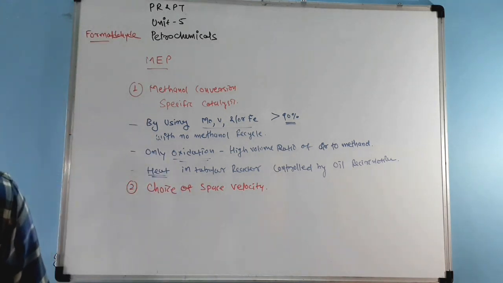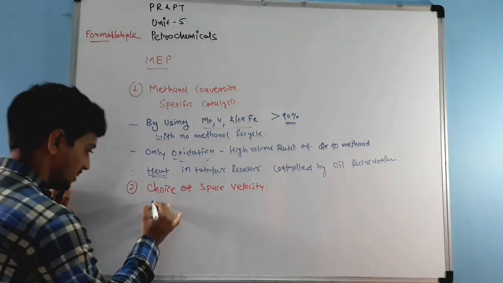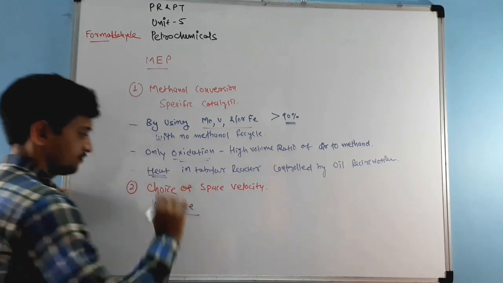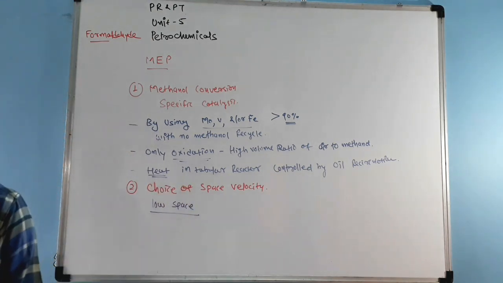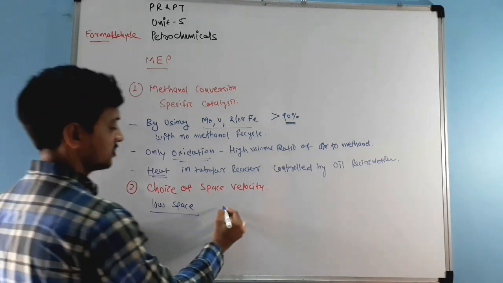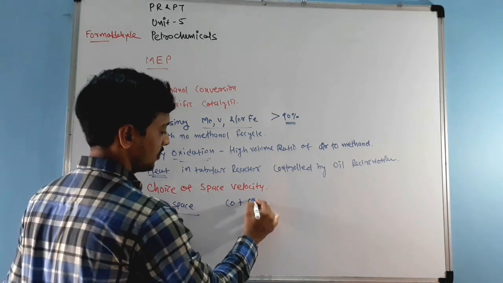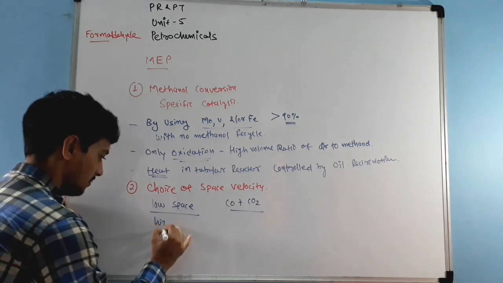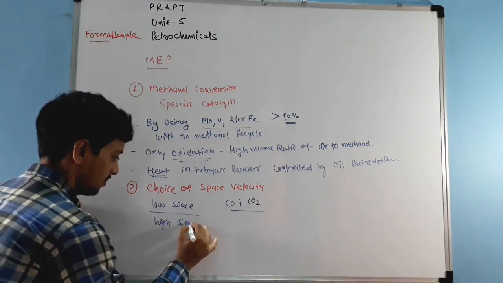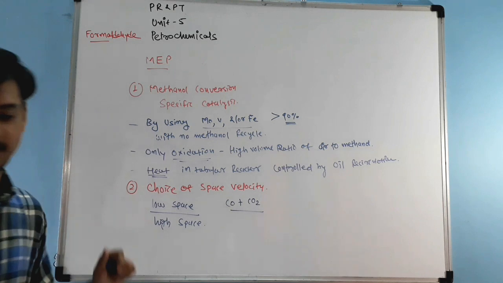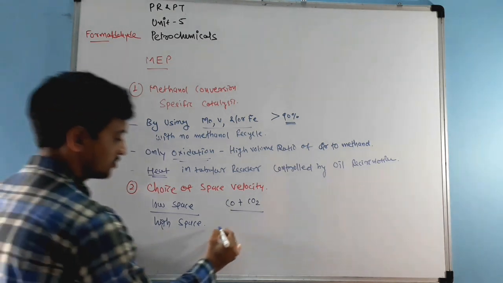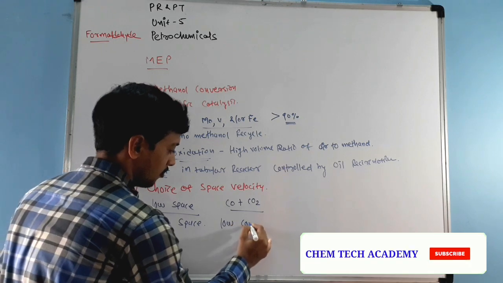Low space velocity gives combustion to CO plus CO2, and high space velocity gives low conversion.